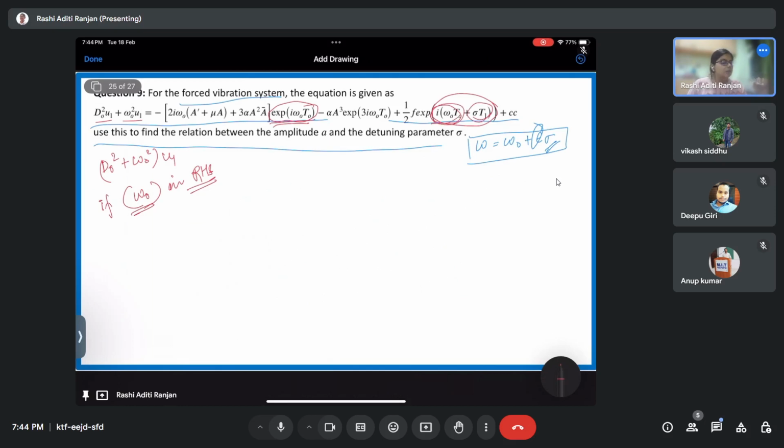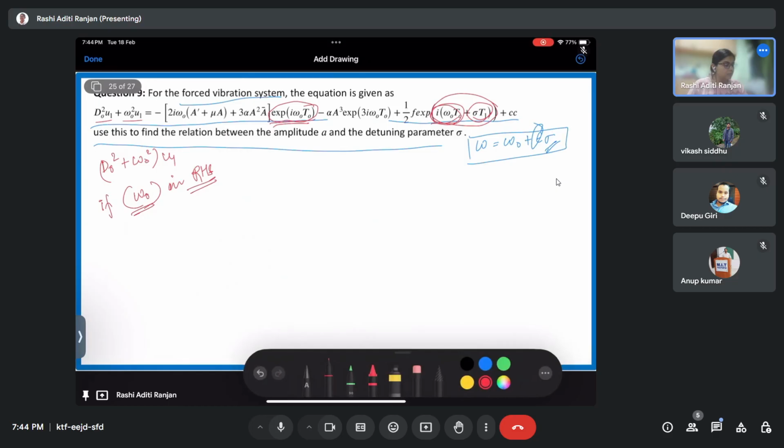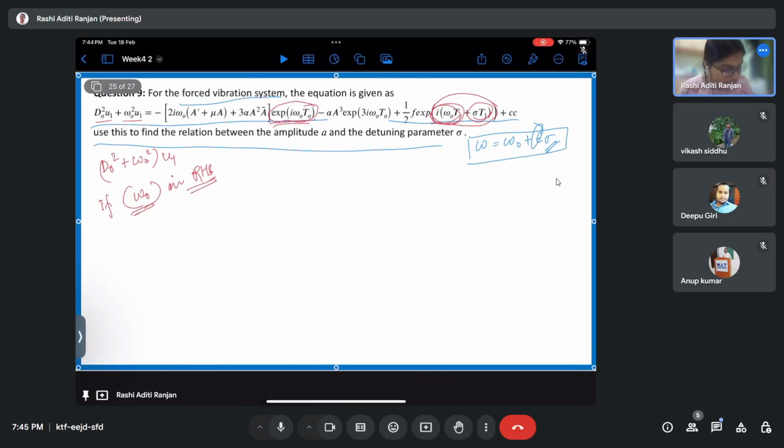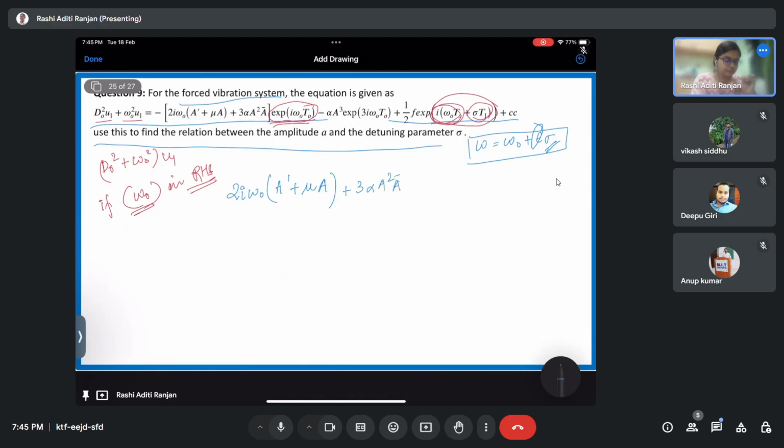Okay. So now we want to make the coefficients of the secular term equal to 0. So what are we going to write? We are going to write twice of i omega naught a dash plus mu a plus 3 alpha a square a bar and plus half.